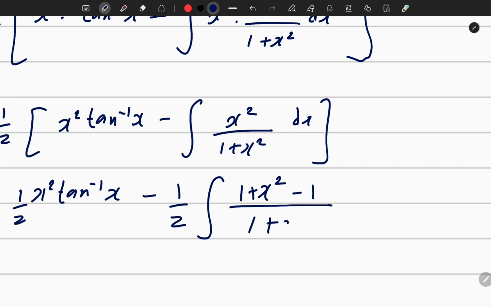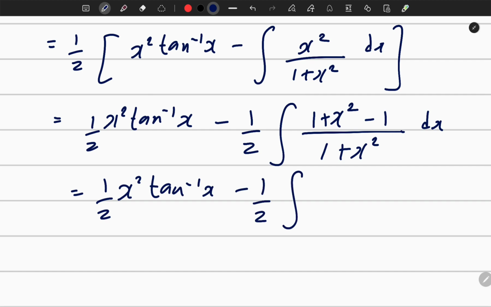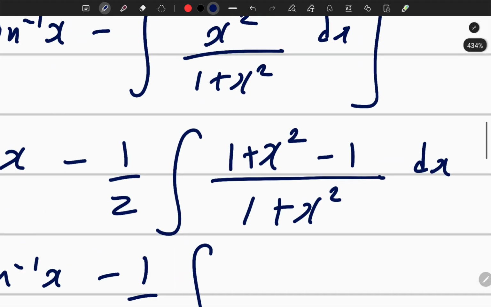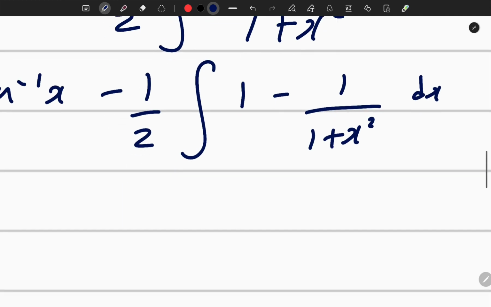So this is over 1 plus x square dx, equals 1 over 2 x square tan inverse x minus 1 over 2. I am considering this as one term, so 1 plus x square over 1 plus x square is 1, right? Minus 1 over 1 plus x square dx.